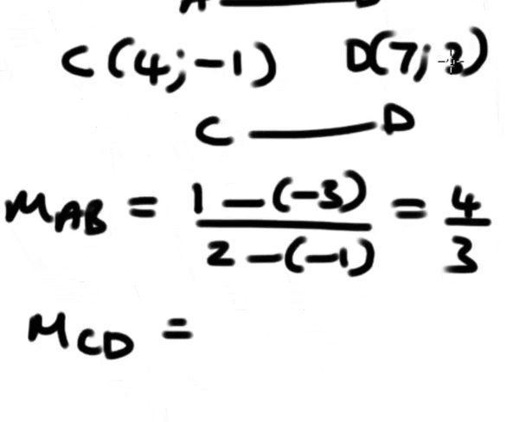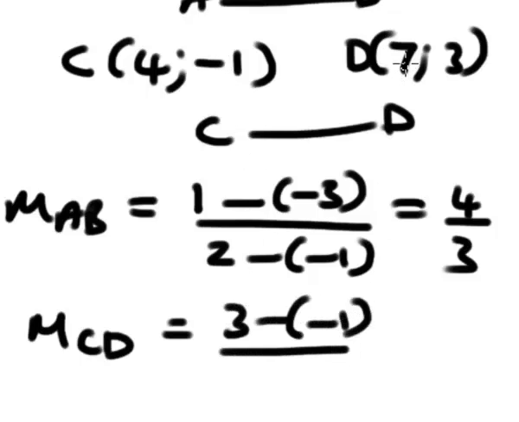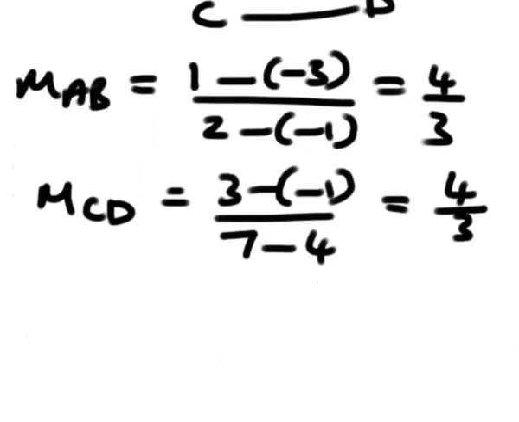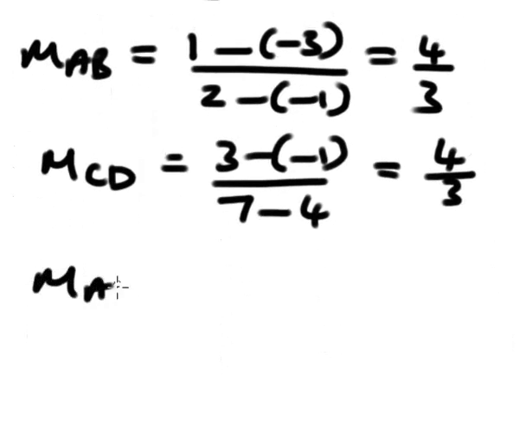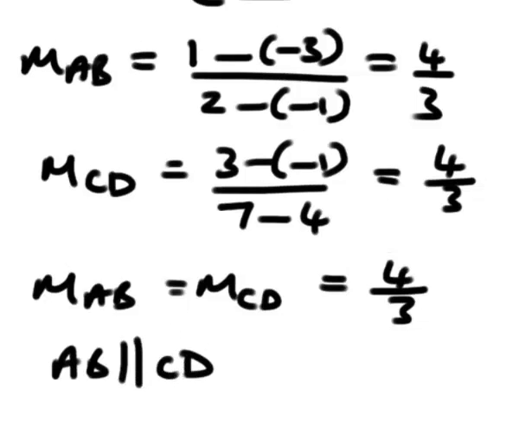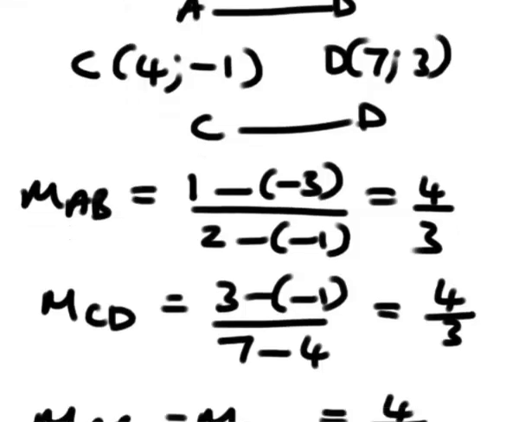Well, it's the y of D minus the y of C, 3 minus negative 1, over 7 minus 4, the x of D minus the x of C, which is 4 over 3. What do you notice? The gradients are equal. So the gradient of AB is the gradient of CD, and they both equal 4 over 3. So therefore AB is parallel to CD, because parallel lines have equal gradients.